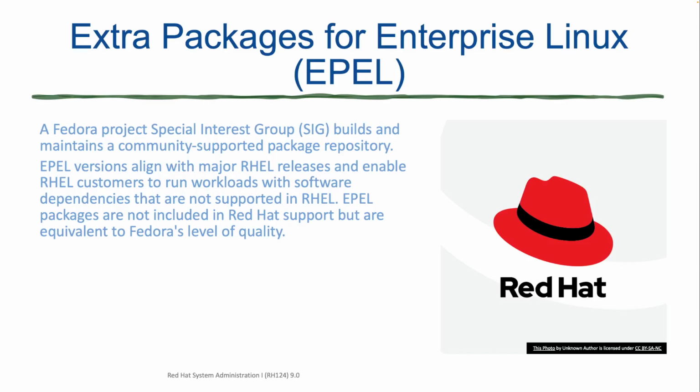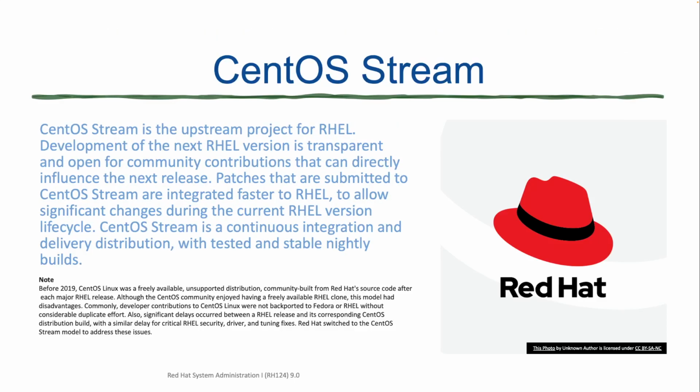EPEL is Extra Packages for Enterprise Linux. Basically, it's a community-driven repository of programs and software developed by regular users of Red Hat, like you and me, who would like to contribute and participate in developing products and software for Fedora. CentOS Stream is the upstream project for Red Hat Enterprise Linux.